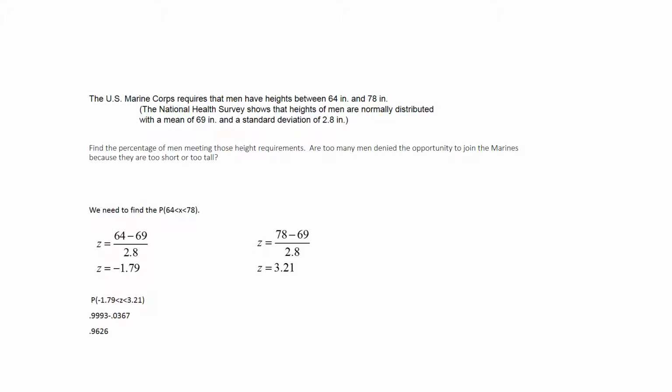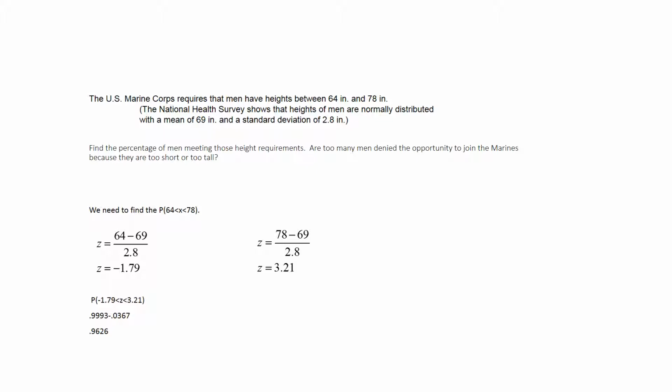This first question is asking for the probability that men have heights between 64 inches and 78 inches. First, I need to convert each height to a z-score using the formula z equals x minus the mean divided by the standard deviation. 64 minus 69 is negative 5, then divide by 2.8 is negative 1.79. 78 minus 69 is 9, divided by 2.8 is 3.21.